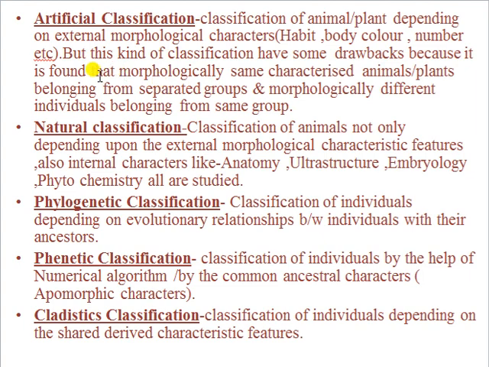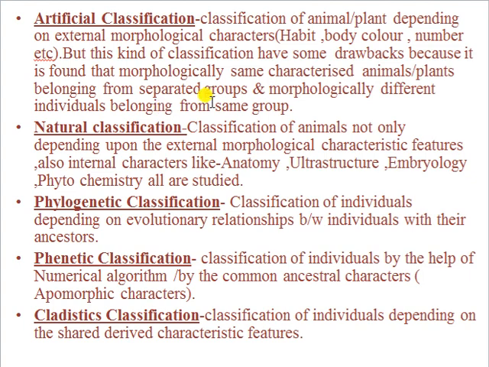Why? Because it is found that morphologically similar animals or plants belong to separate groups, and sometimes morphologically different organisms belong to the same group. That means if we classify organisms based on morphology only, we may categorize them into different phyla or kingdoms even if they are morphologically similar, and sometimes we keep two morphologically different organisms in the same group based on other features.